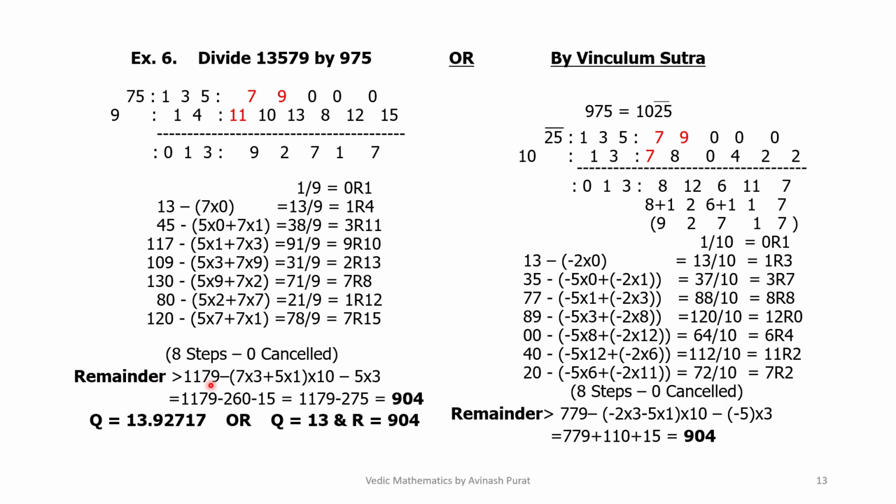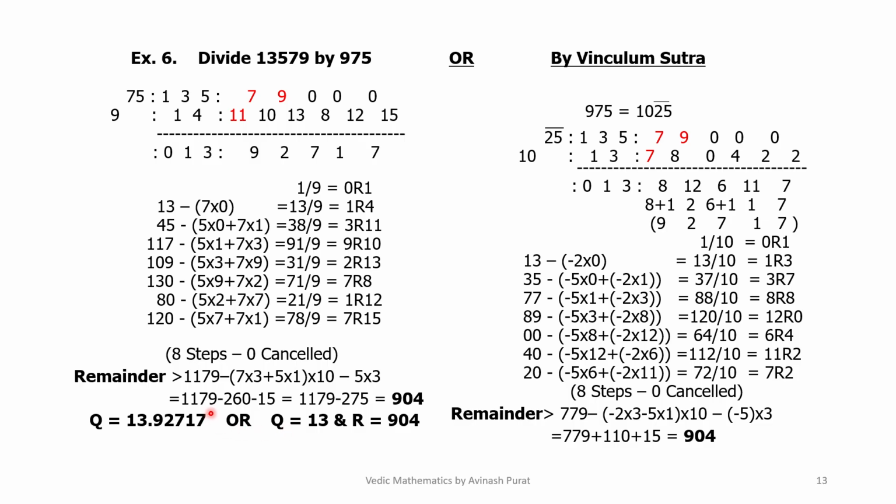So remainder, now we calculate 1179 minus (7 into 3 plus 5 into 1), that is 21 plus 5, 26, into 10, that is 260, and minus 5 into 3, that is 15.